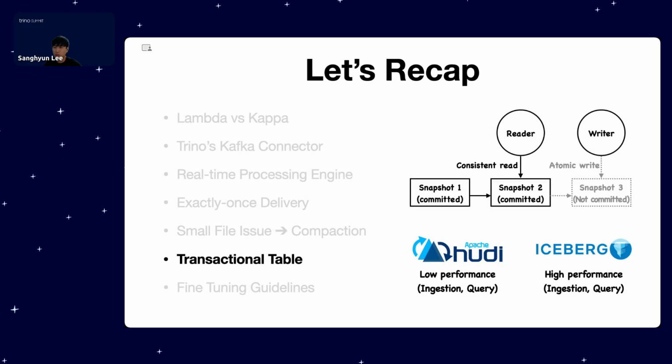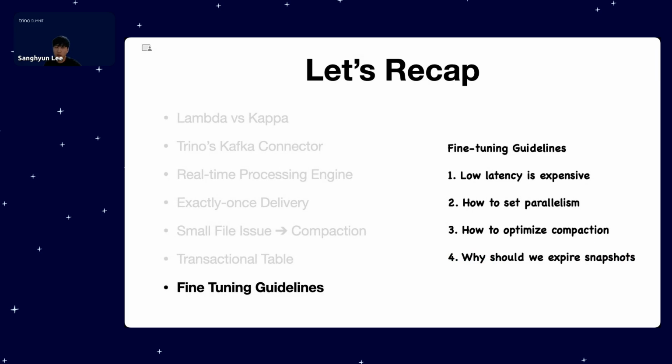After that, we talked about transactional tables which provide ACID properties. And between the two popular table formats, Hoodie and Iceberg, we chose Iceberg for its high performance. Finally, I gave 4 fine-tuning guidelines to build an efficient real-time data architecture.